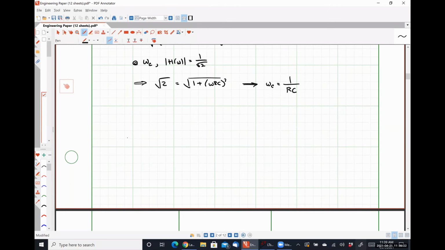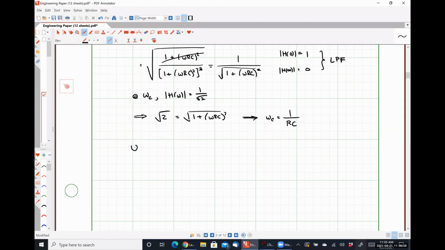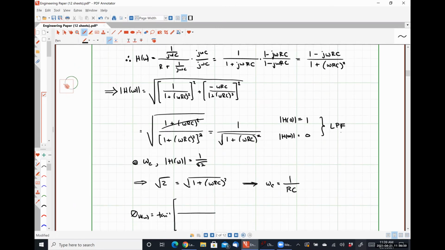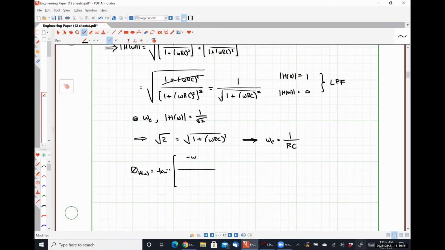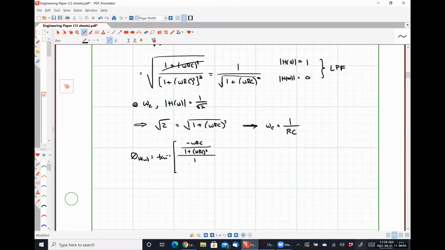All right, so our phase response. Theta H of omega is by definition the arctangent of the imaginary part, which is negative omega RC divided by 1 plus omega RC quantity squared, divided by our real part, which is 1 over 1 plus omega RC quantity squared.